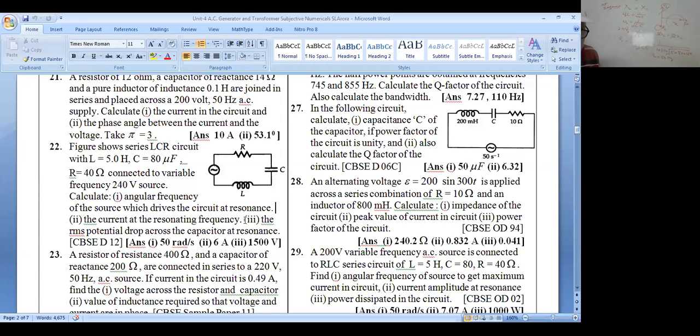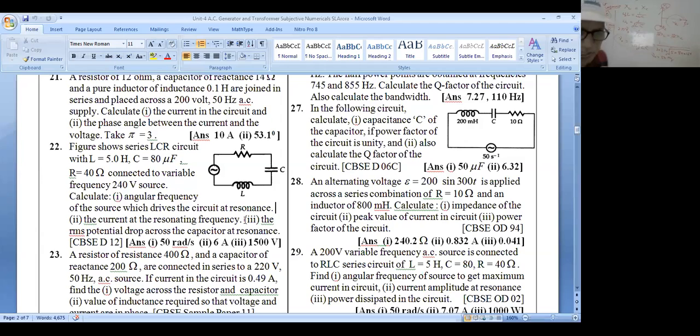Next, the current at the resonating frequency. At resonant frequency, this circuit behaves like resistance only, so the current can be found at resonance simply as E naught divided by R, and the RMS value will be E RMS divided by R. We are taking the resistance only, that is 6.